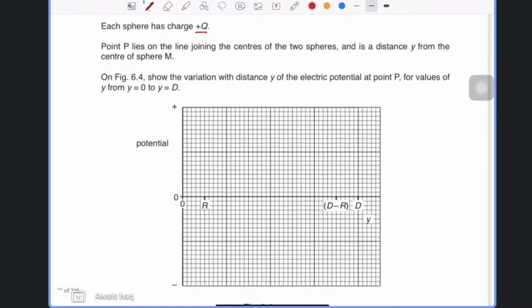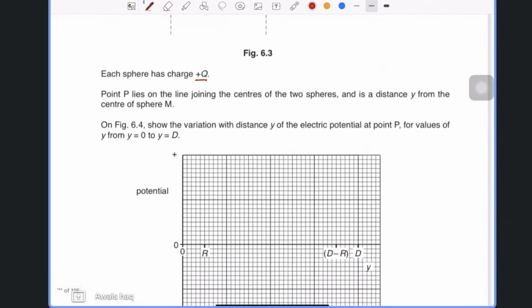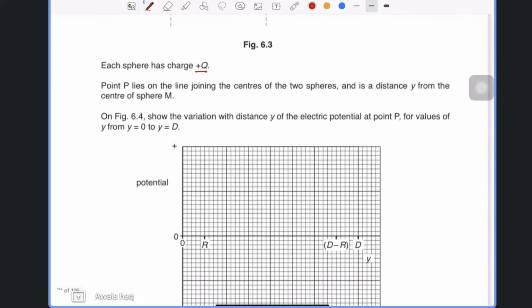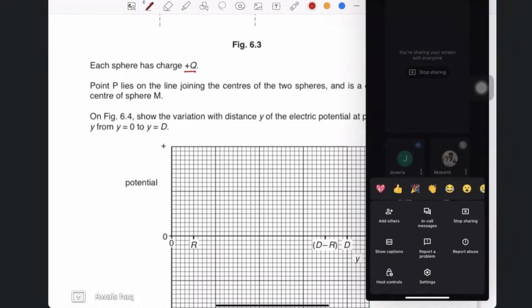So are you sharing the screen? Yes, you can't see. No. Is it the same for everybody? No, sir, I can't see it either. Sir, I can see. I'm gonna stop and then share again. No worries.